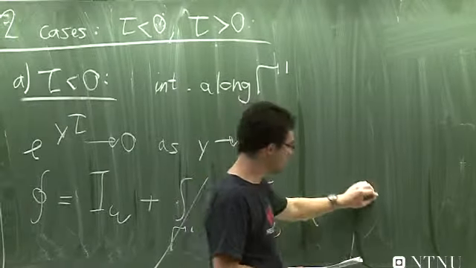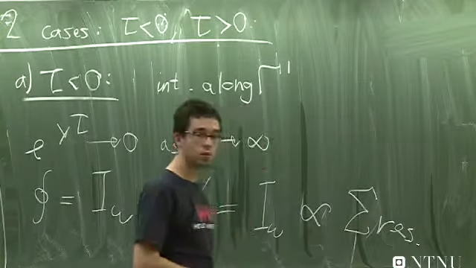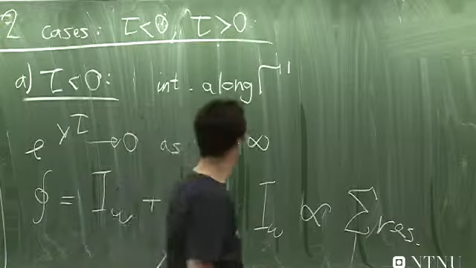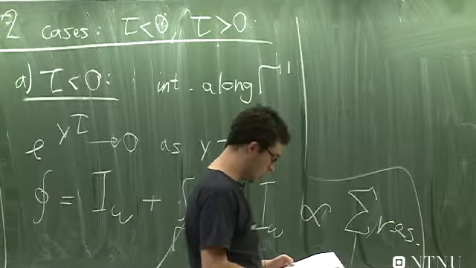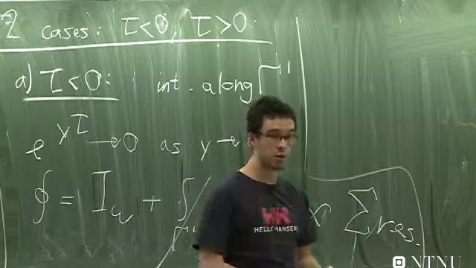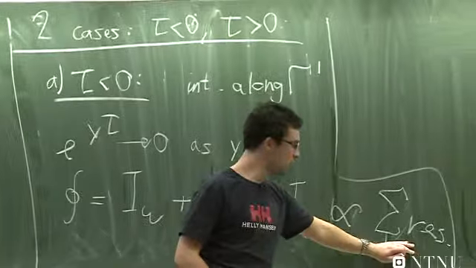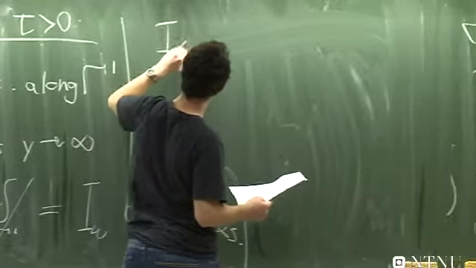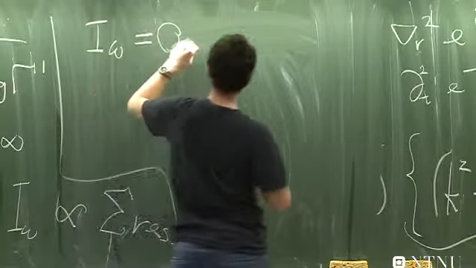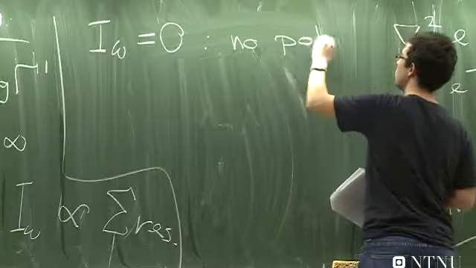And this is proportional to the sum of the residues, which you know from complex analysis. Okay. Yeah, but there are no residues in the upper half plane. This sum is simply 0, meaning that I omega is equal to 0, no poles in the upper half plane.